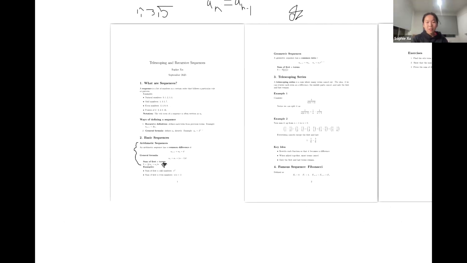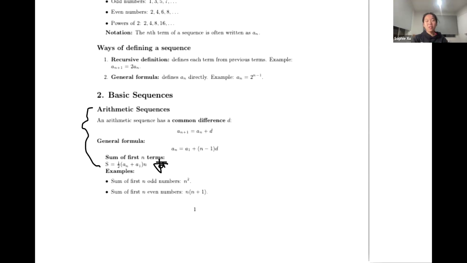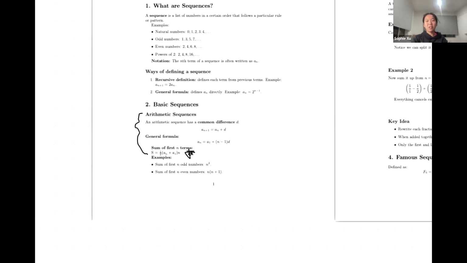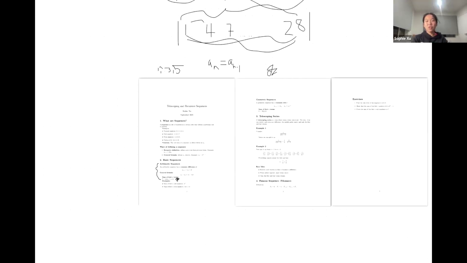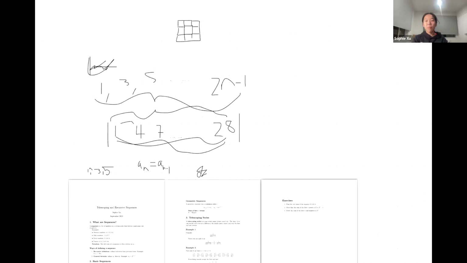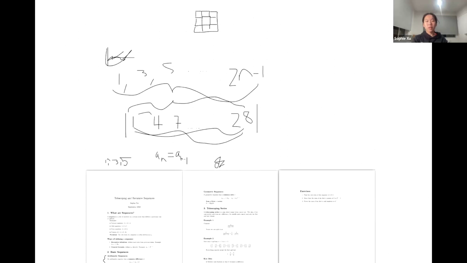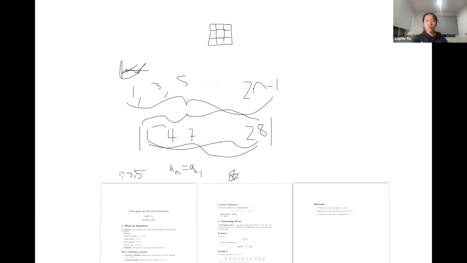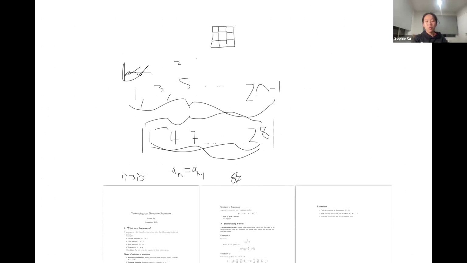Okay, so then the first n even numbers should be pretty straightforward as well. Just do those, like 2, 4, all the way to 2n.